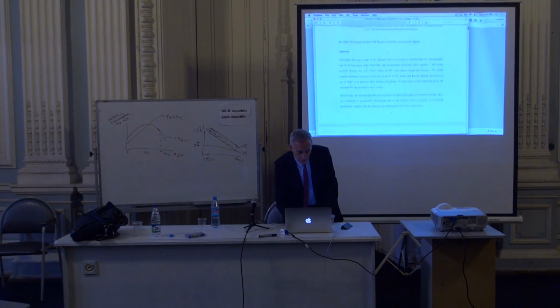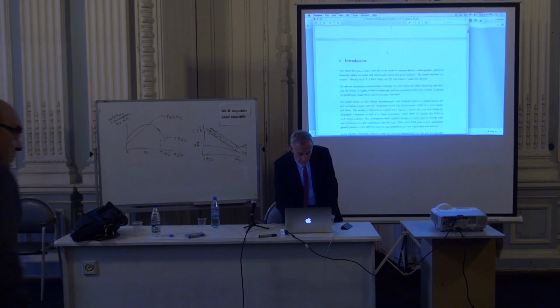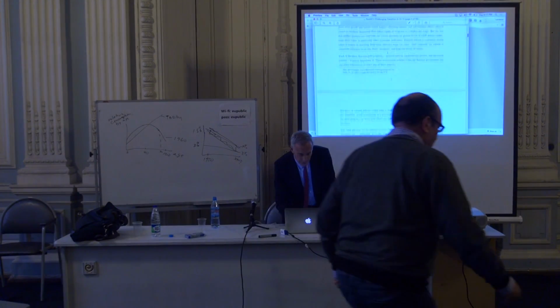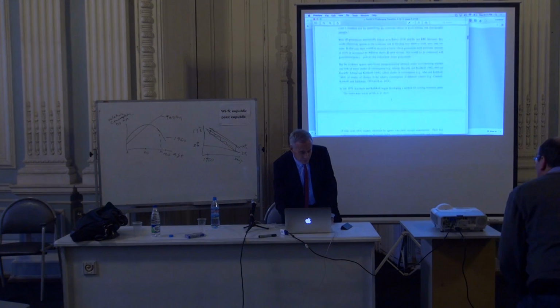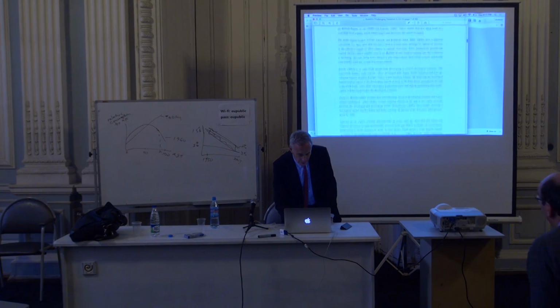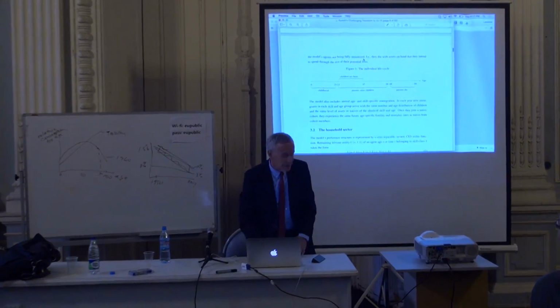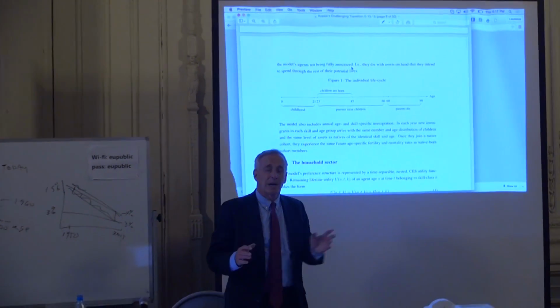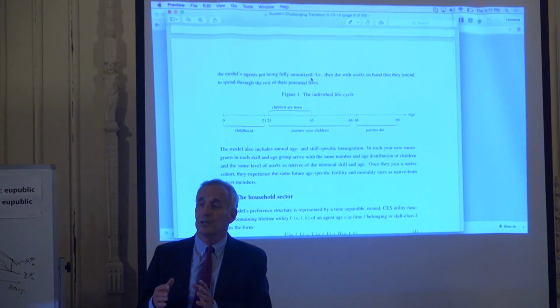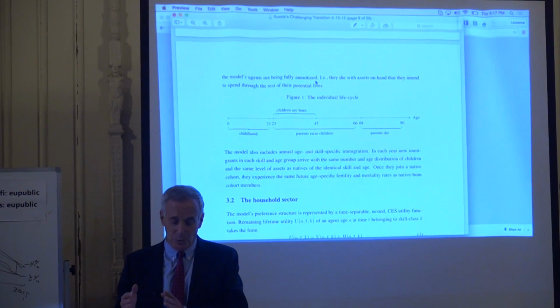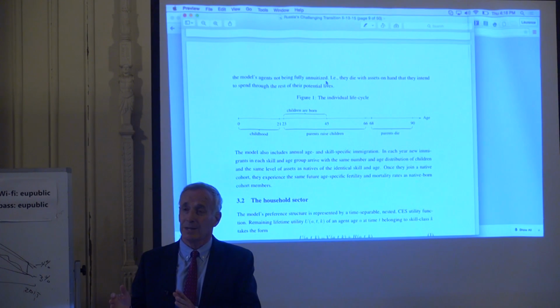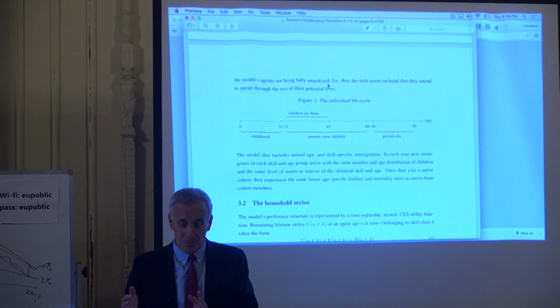And the way the paper works, here's the timeline. Parents have utility for their own consumption and leisure when they're adults, which is between 21 and 90. They die for sure at 90.